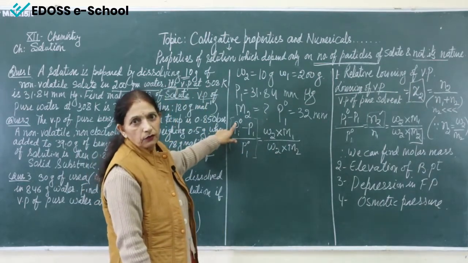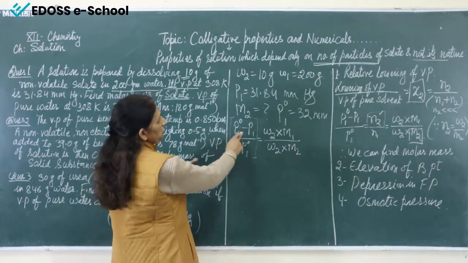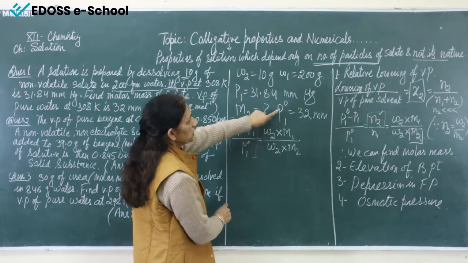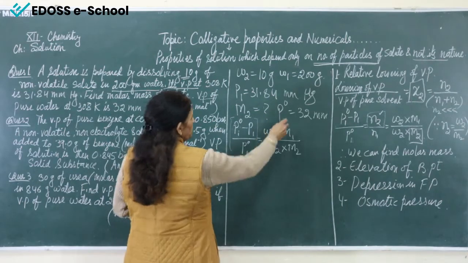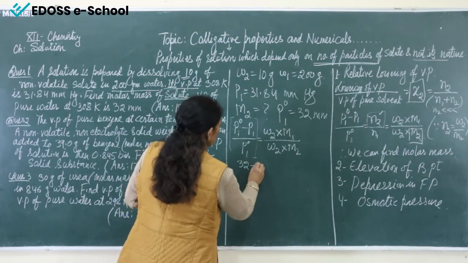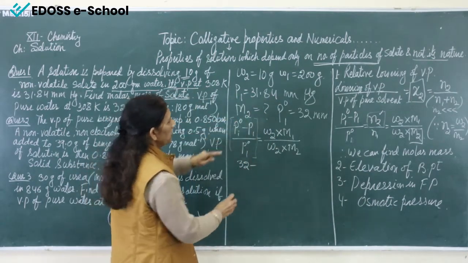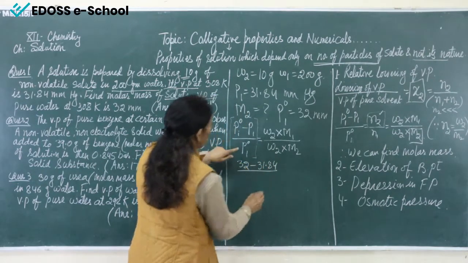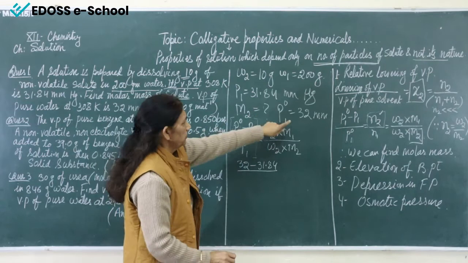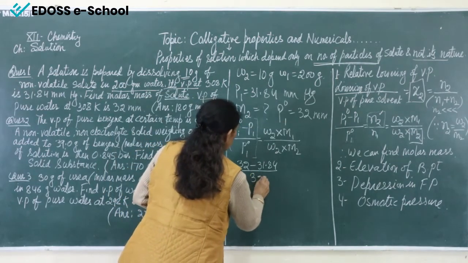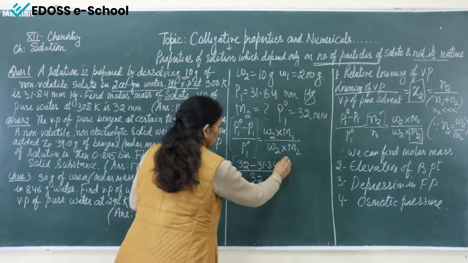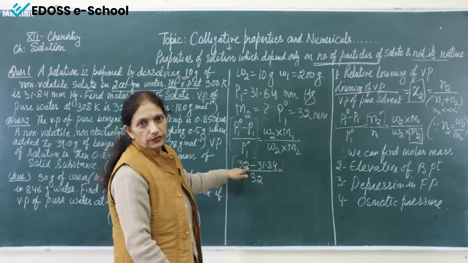P1 naught is the vapor pressure of pure solvent, so we write 32, then P1 is given 31.84, and upon P1 naught, again 32. This is one value, so you have to calculate it first.